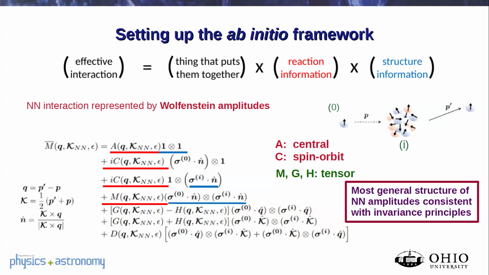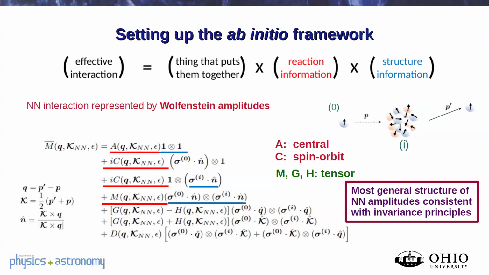If you write it in this form, you have A is a central part, C is a spin orbit, and all these 3 other ones are tensor pieces. So for example, if you have the one pion exchange, if you remember the momentum space expression, it has a sigma 1 dot sigma 2 that can be decomposed into all of those 3.